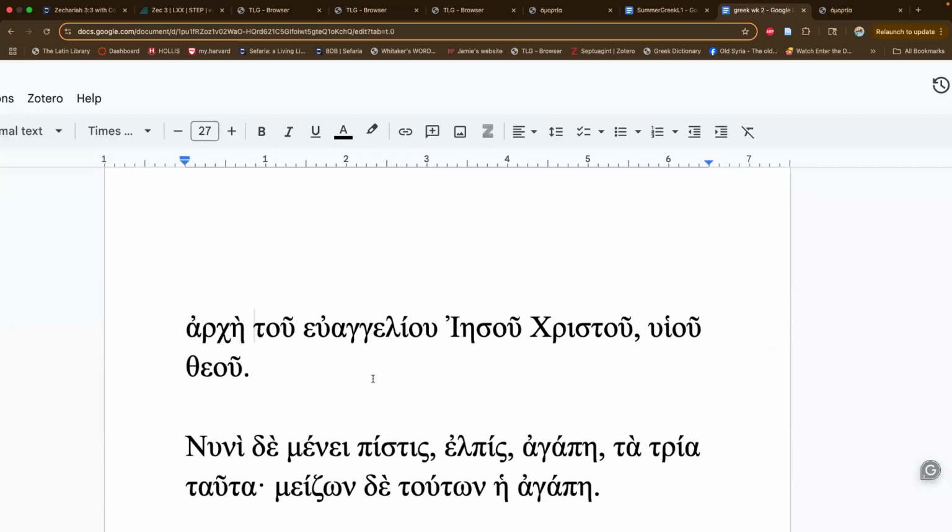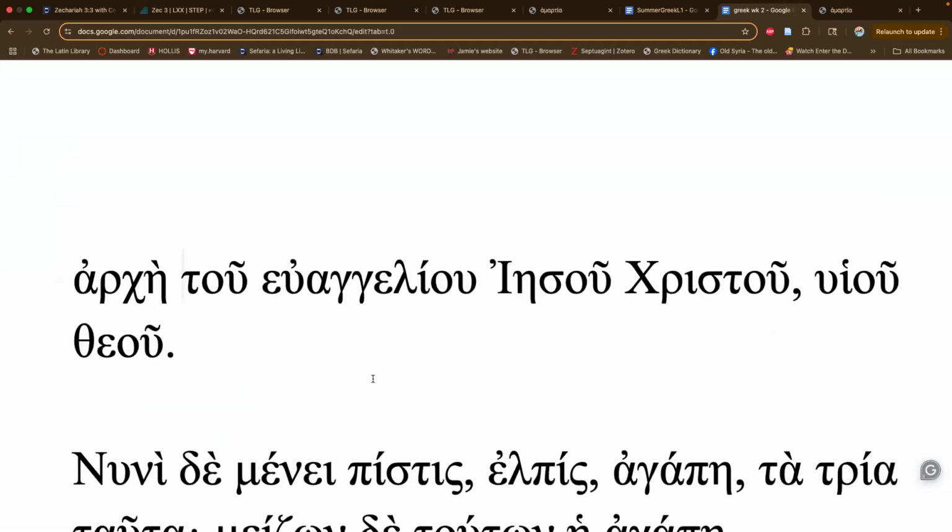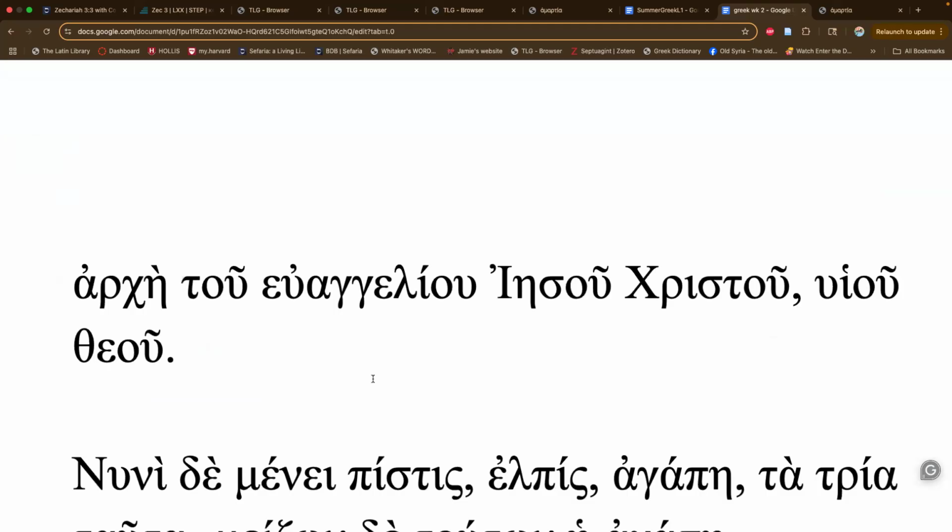So would you read that sentence? Yes: arche, tu evangeliu, Iesu Christu, huiu theu. So you hear a lot of oohs there. This is the opening of the Gospel of Mark. Arche is the beginning.